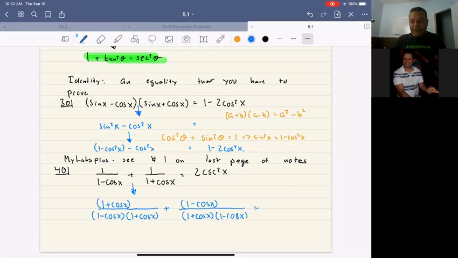Here I'm using the common denominator. If I cancel those, I have the original thing. Again, if I cancel those, I have this original thing. So all I'm doing is taking my common denominator, 1 minus cosine x times 1 plus cosine x, and writing my old fractions in terms of the new denominator.